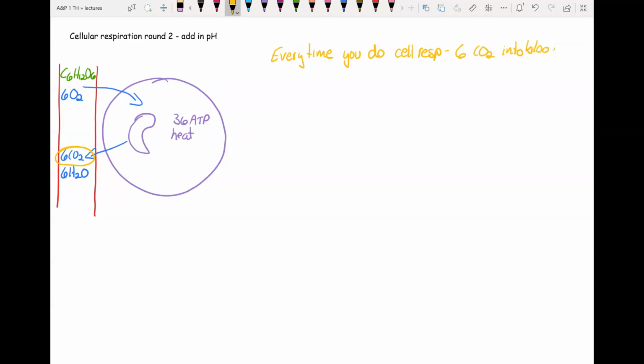We're going to follow this carbon dioxide and see what happens with it. Blood, as you may know, is mostly water. So we have carbon dioxide being mixed in with H2O. They react with each other. There's a chemical reaction you get when you put carbon dioxide in water.